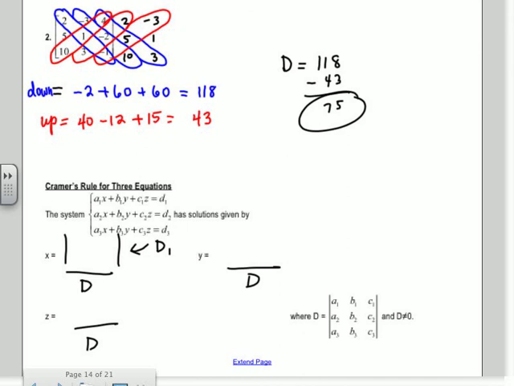How would I find it? How'd you do it for Cramer's rule with 2 equations? Replace the first column, right? So instead of the first column, I'm going to have d1, d2, d3, and then I'm going to have the b1, b2, b3 and c1, c2, c3 that I had for d. So you replace the first column.